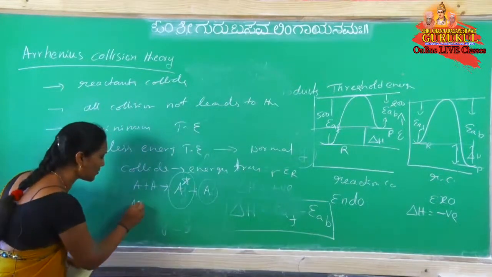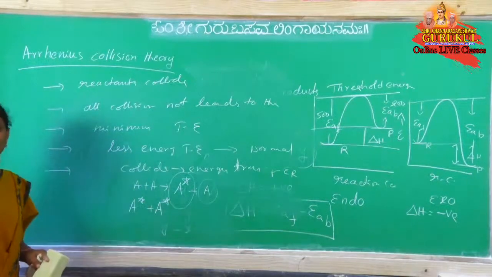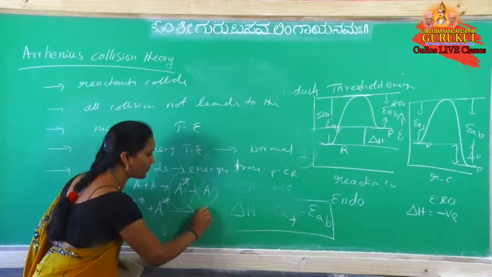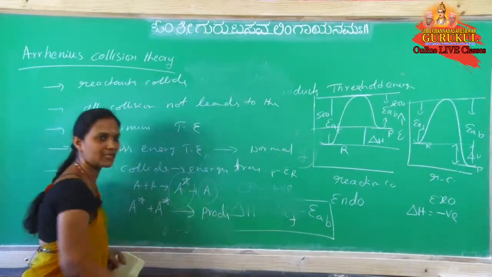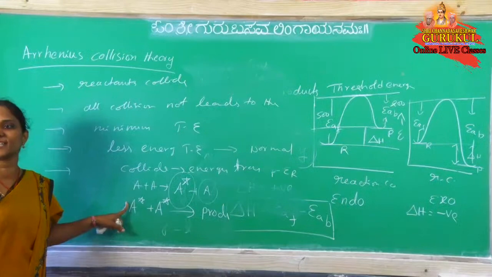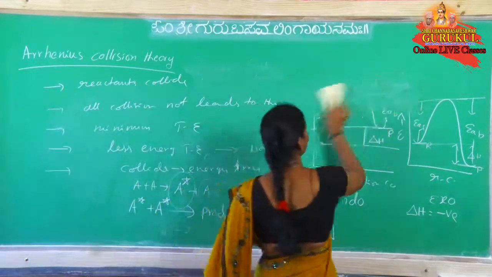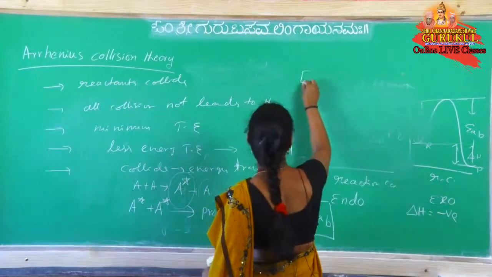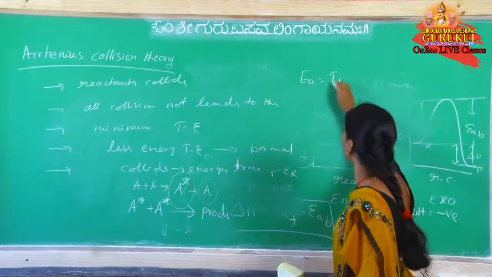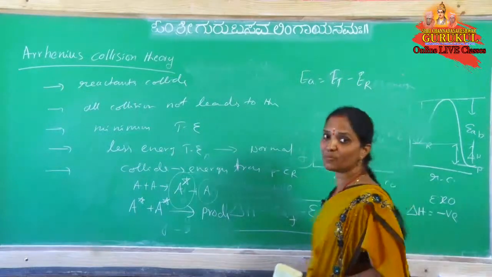Now these activated molecules collide with each other, like special preparation, and that leads to the formation of products. How much energy is gained? That energy is called activation energy. So what is the formula for activation energy? Activation energy is equal to threshold energy minus the energy of the normal reactant molecules.